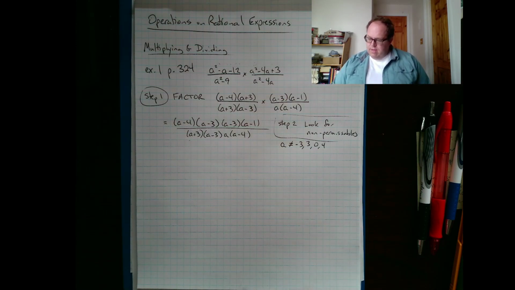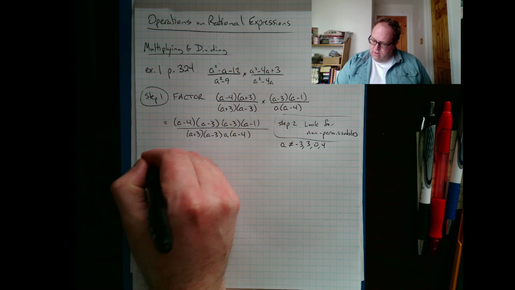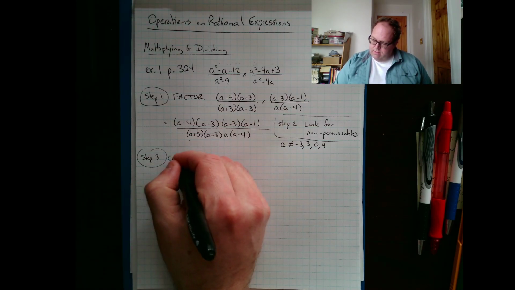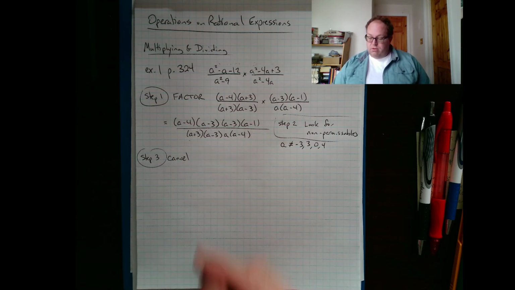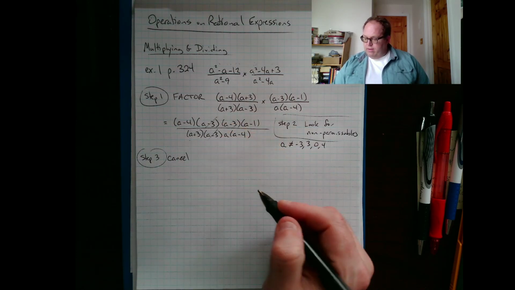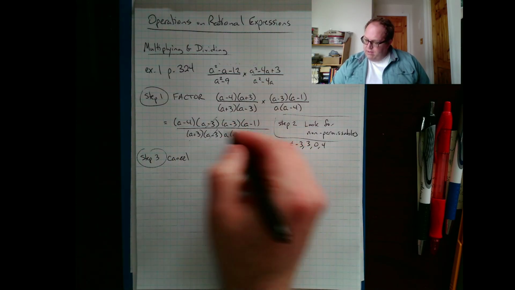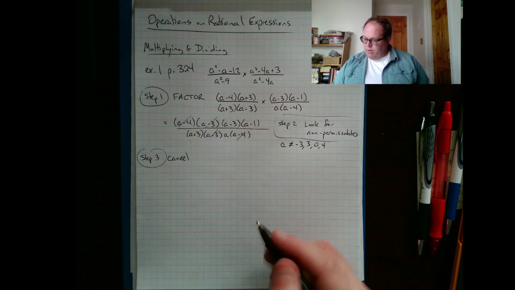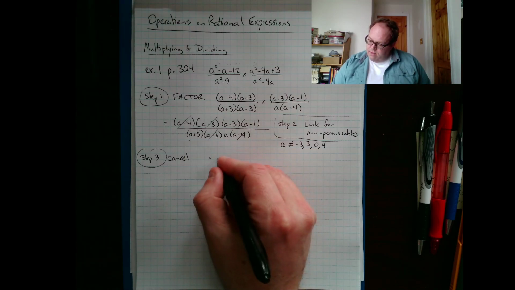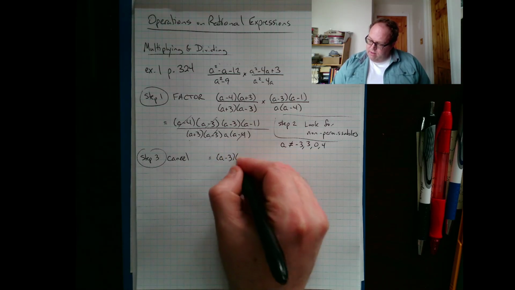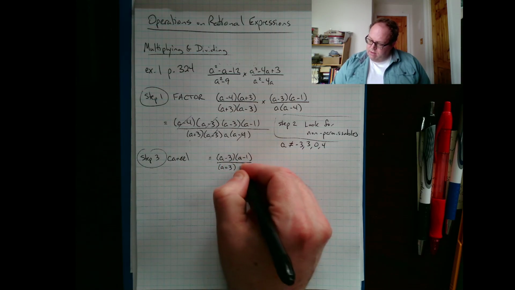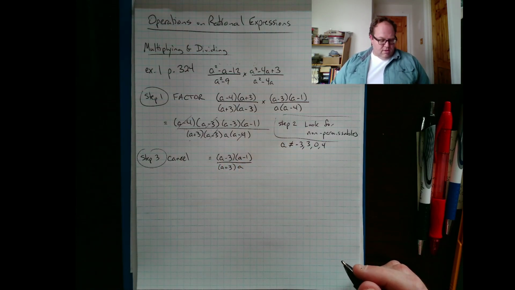Now, I can cancel things. Step 3, cancel. I should say divide to 1, but I'm going to go short form and say cancel. A minus 3 divided by a minus 3 is 1. A minus 4 divided by a minus 4 is 1.